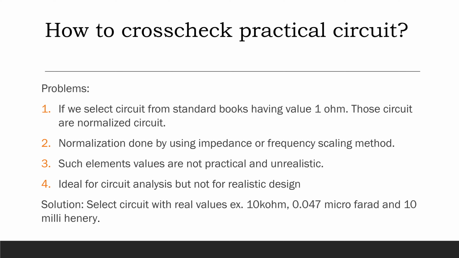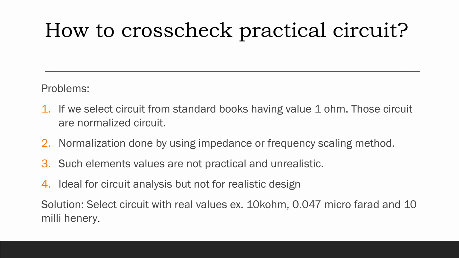Always remember, for simplified calculation, reference books use normalized circuits. Normalized circuit means converting real values, for example 0.047 microfarad, 10 kilo ohm, 10 millihenry into normalized values. It is done by impedance scaling or frequency scaling.